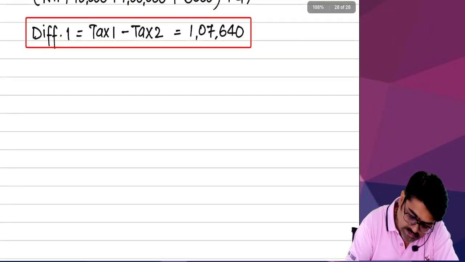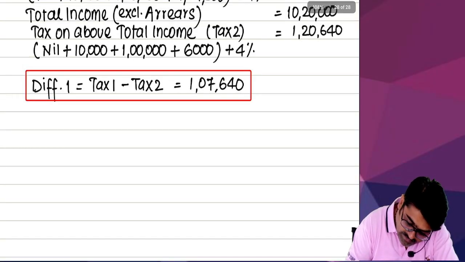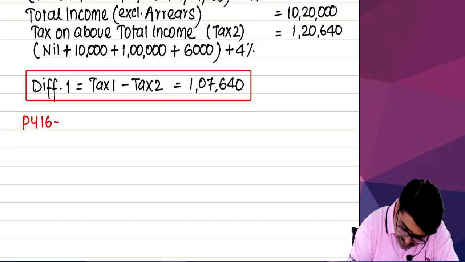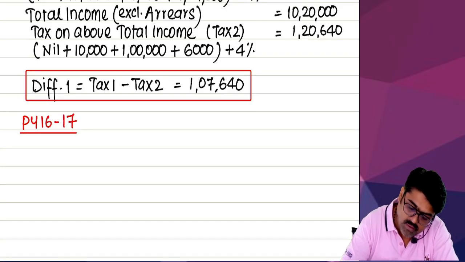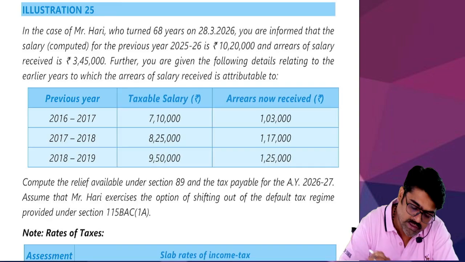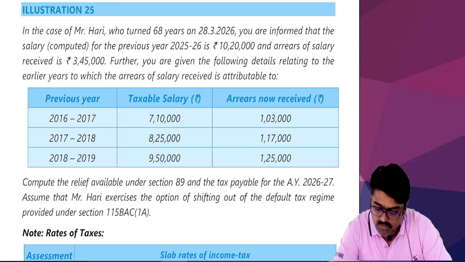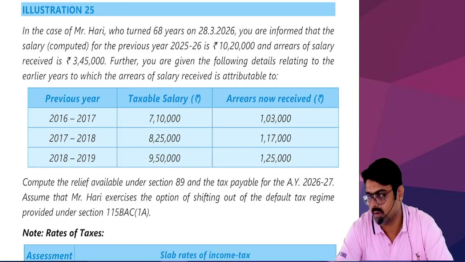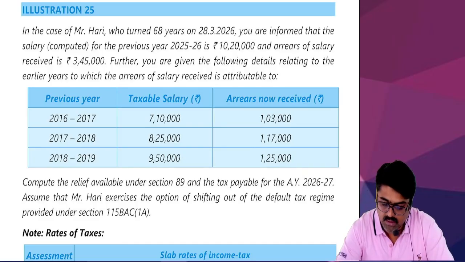So first, which year? Previous year 16-17. Now in previous year 16-17, what was my total income already assessed? 7,10,000, yes or no? And arrears of that year was 1,03,000. So total will be 8,13,000.